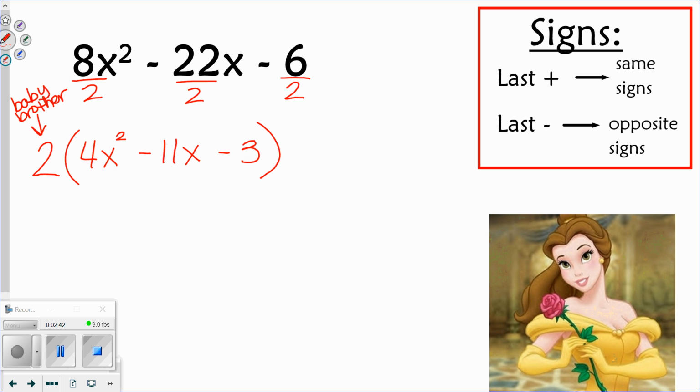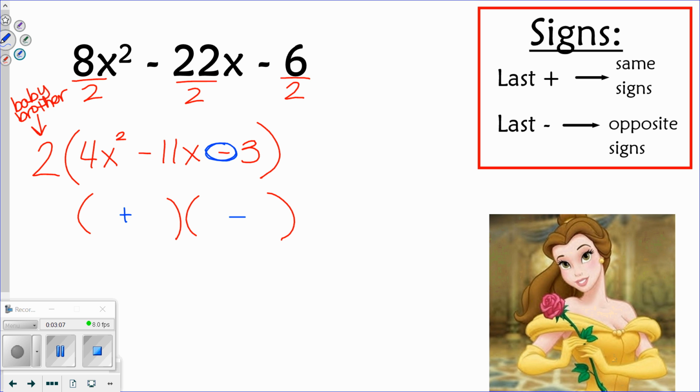All right, now let's work on what we did on Tuesday. We took something like this, and we broke that down into two sets of parentheses. Which sign do we look at? The last one. If the last one's negative, how do you multiply to get a negative number? Good. One plus, one minus.